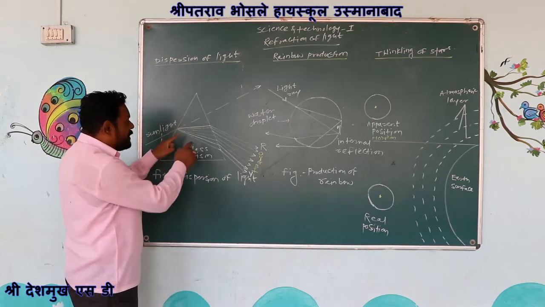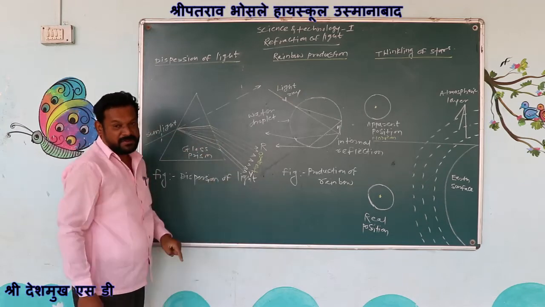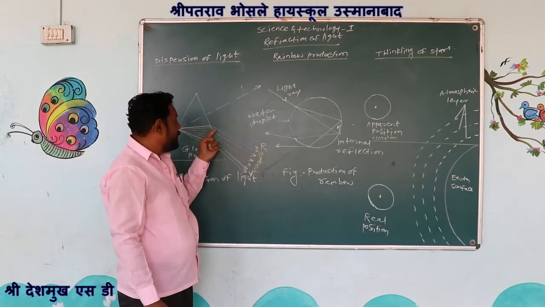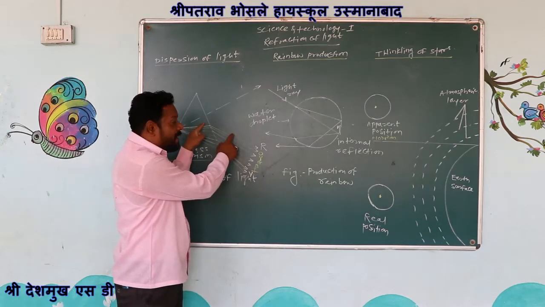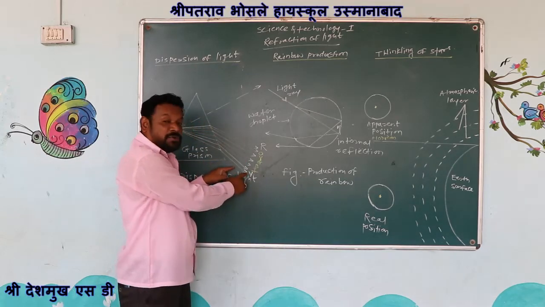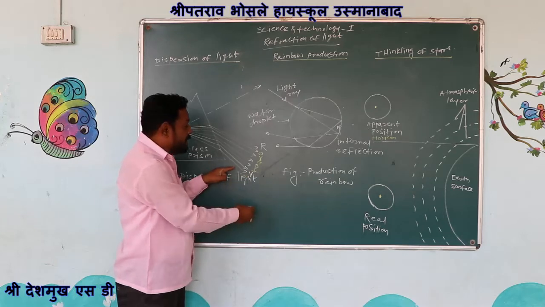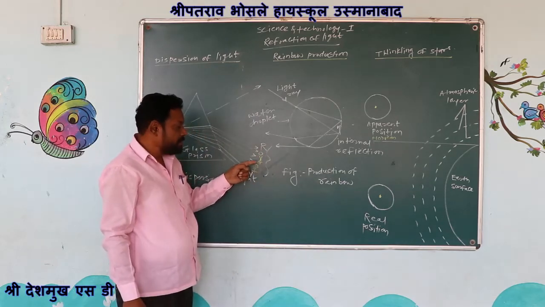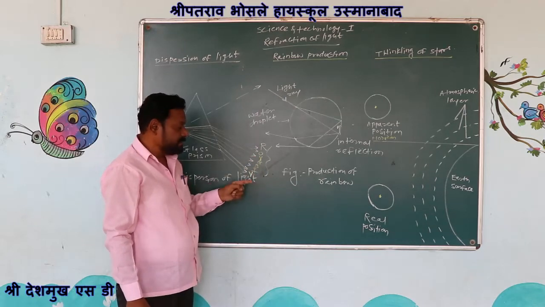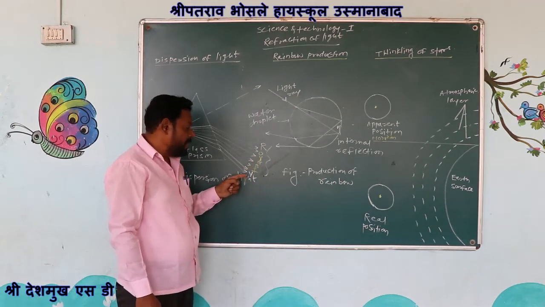What happens here? Seven colors are formed. The red color bends least, and the violet color bends most. That is the spectrum of seven colors: red, orange, yellow, green, blue, indigo, and violet.